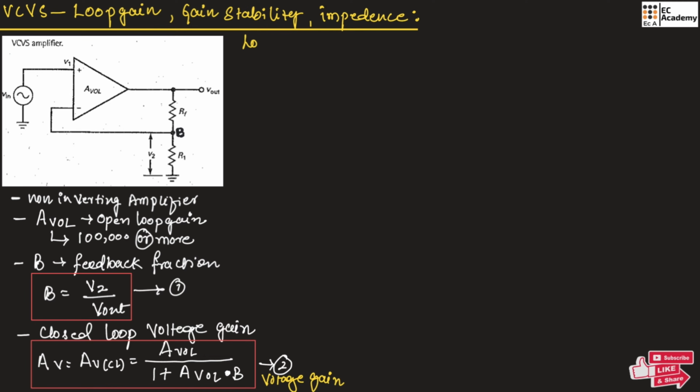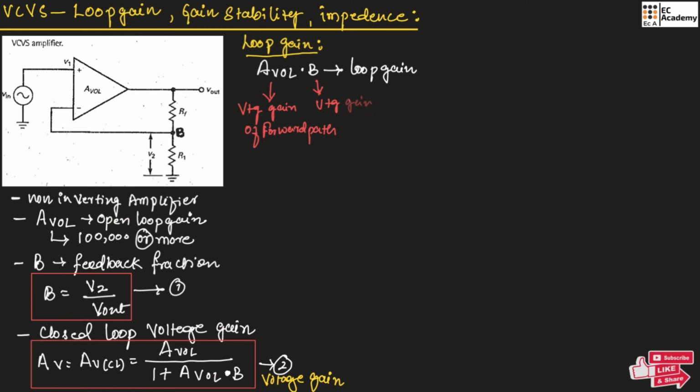Now let us understand loop gain. Here in this formula, the second term in the denominator is known as loop gain. So we can say AVOL into B is nothing but the loop gain, because AVOL is the voltage gain of the forward path and B is the feedback fraction, or voltage gain of the feedback path.